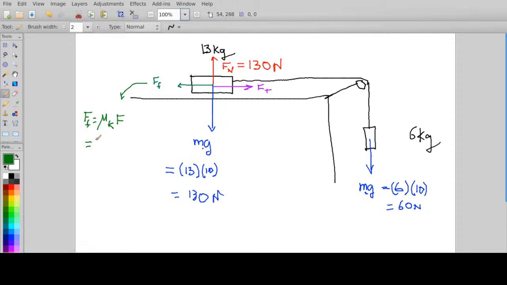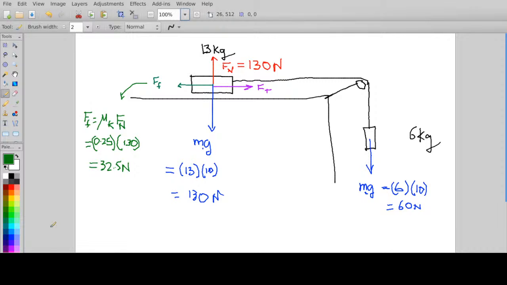So that's going to equal 0.25 multiplied by Fn, multiplied by the 130. 130 multiplied by 0.25 equals 32.5 newtons. That's why I like using the other whiteboard for math, but okay, we'll work with this.